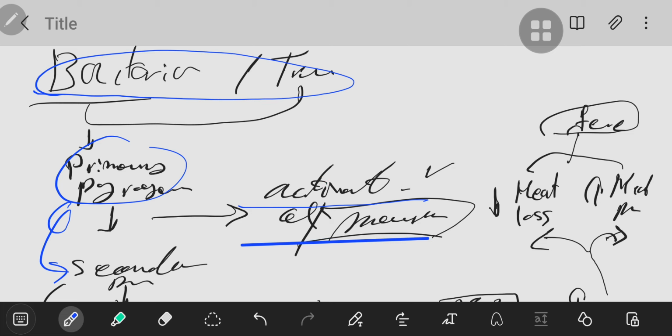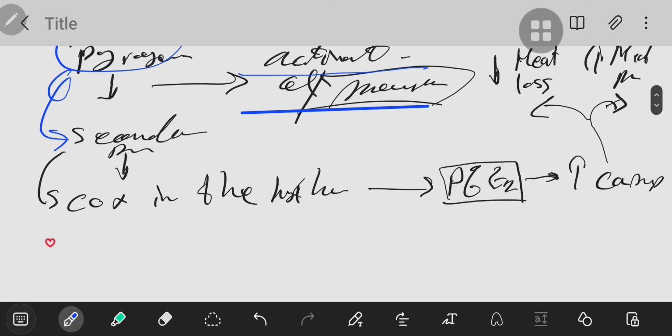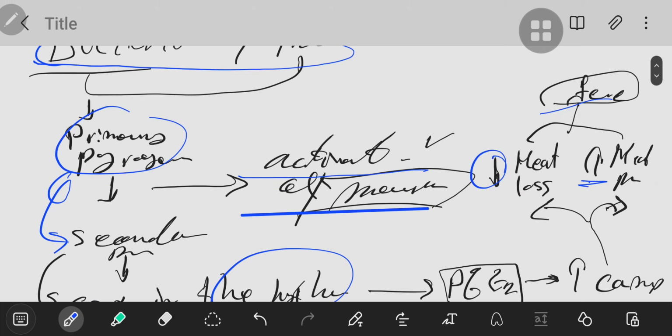If you can remember this, it's good for a better mark. Then after the secondary bioregion, it leads to activation of the COX in the hypothalamus. The hypothalamus is the part in our brain, and that leads to activation of the prostaglandin, and then an increase of cAMP, which decreases the heat loss in our body, and our body starts to produce more heat. That leads us to the fever.